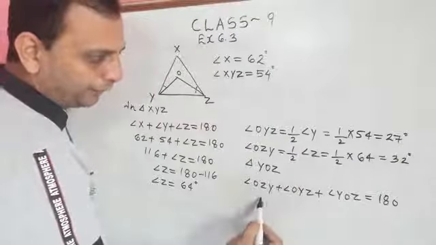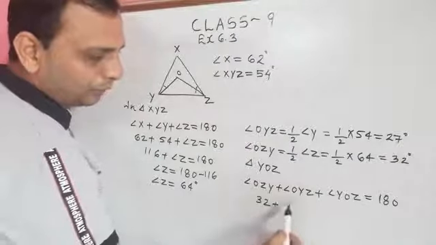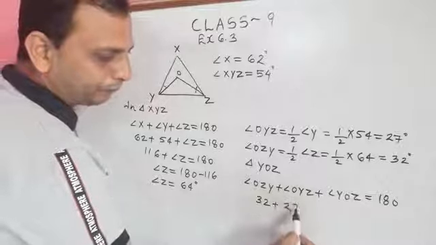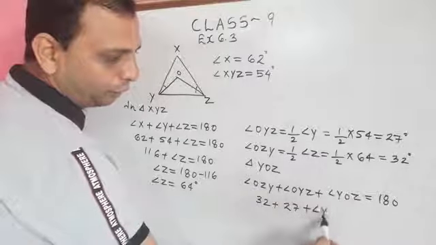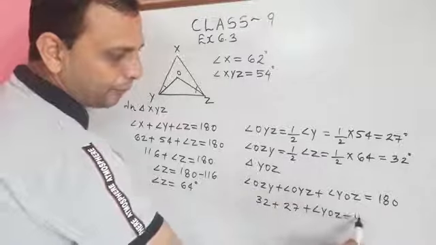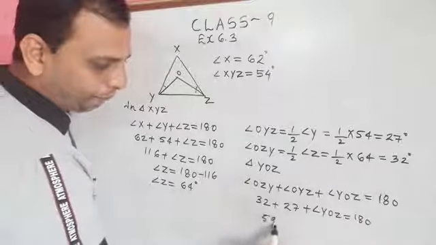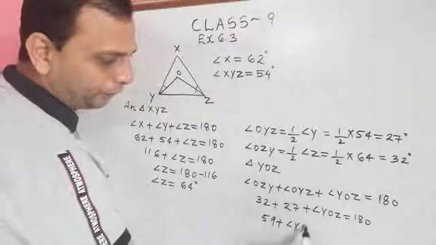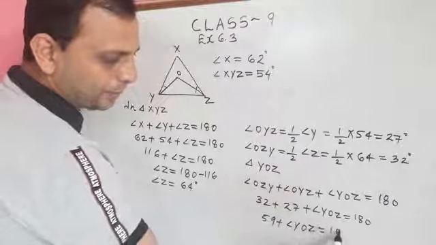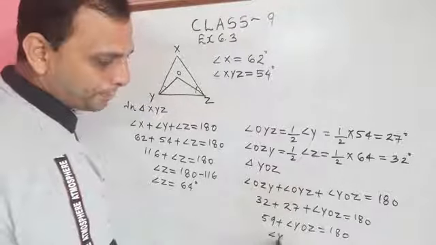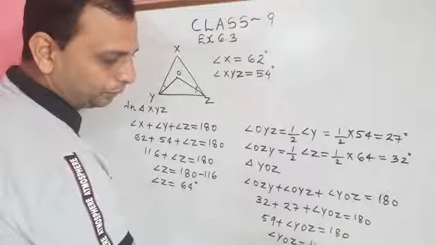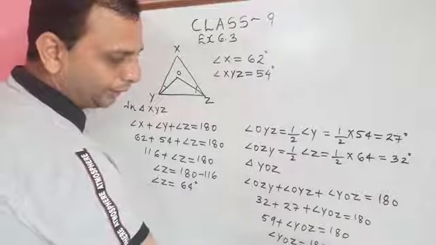So OZY is 32, OYZ is 27, plus YOZ. This is equal to 59, 59 plus YOZ. YOZ equals 180 minus 59.